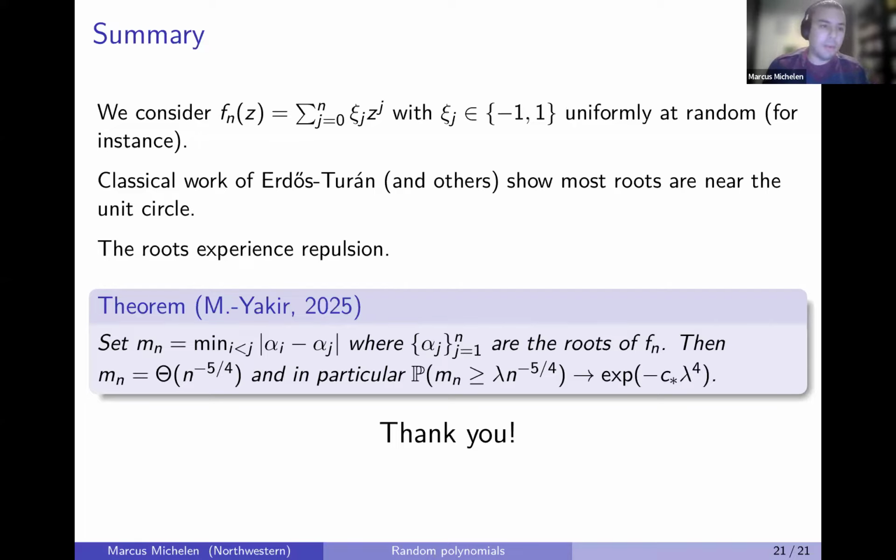Beyond that, we know what the local limit of the point process is. If I zoom in near one, they're typically spaced on the order of 1 over n apart, and we know exactly what the limiting distribution is for this point process. So they're pretty clustered around 1 and negative 1, but there are going to be some roots that are macroscopically far.